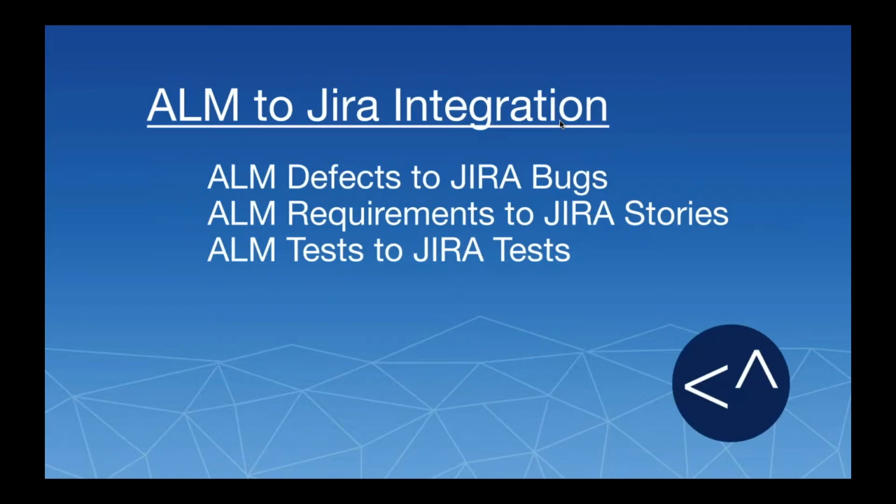Different enterprises, different companies will use these products in different ways. Some customers may just want to log their defects in ALM and synchronize those defects over to Jira so the engineers can work on them and maybe synchronize the status or comments back and forth.